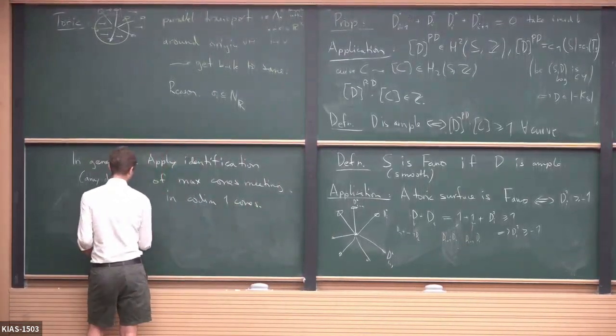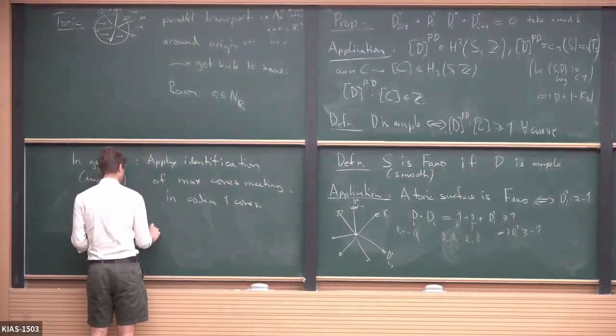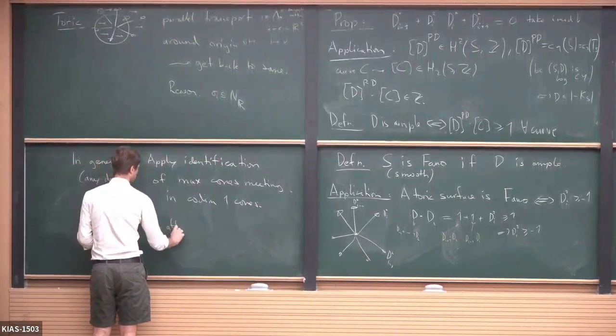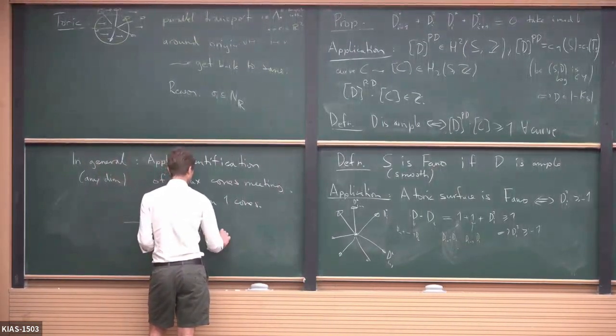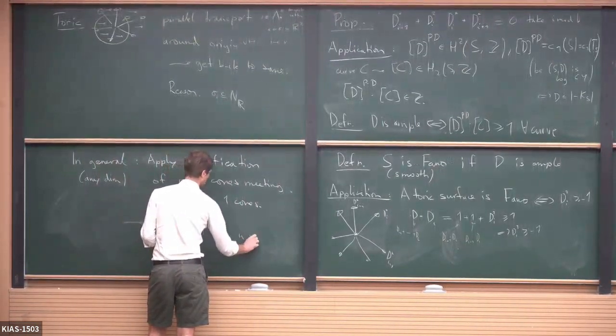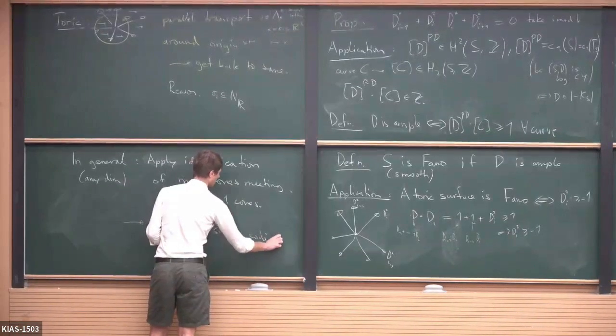And then what you get is an integral affine manifold with singularities in codimension 2.